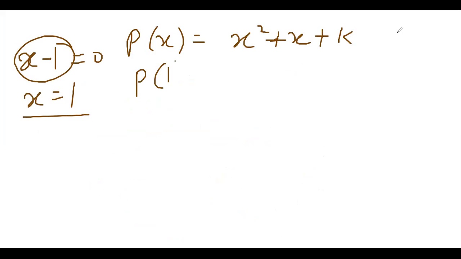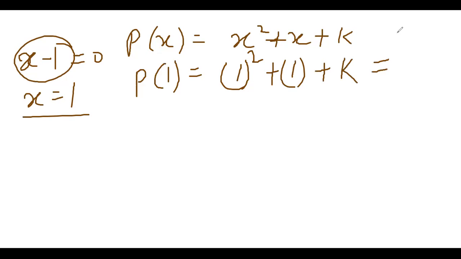If x minus 1 is a factor, that means if you put 1 in the expression at the place of x, you will get the remainder 0. जैसे ही आप इसमें 1 पुट करोगे तो वो क्या आएगा, रिमाइंडर. और रिमाइंडर किसके इक्वल होगा, 0 के, बिकॉज x minus 1 is factor. Because according to definition हमने किया था, if x minus 1 is factor then remainder is 0, and if the remainder is 0 then x minus 1 is factor here.